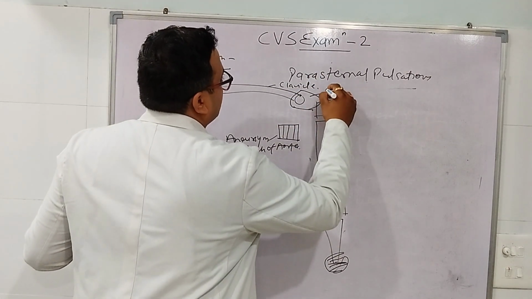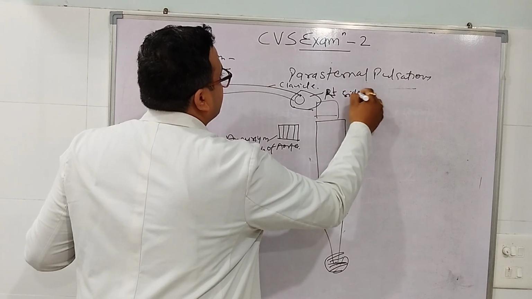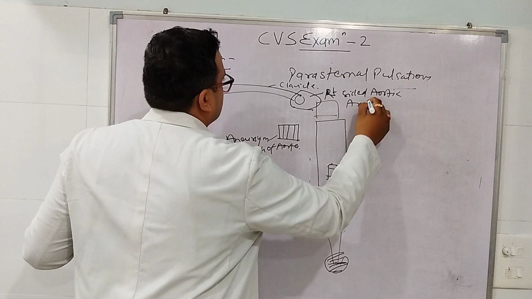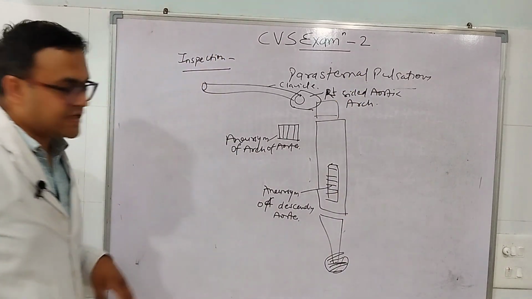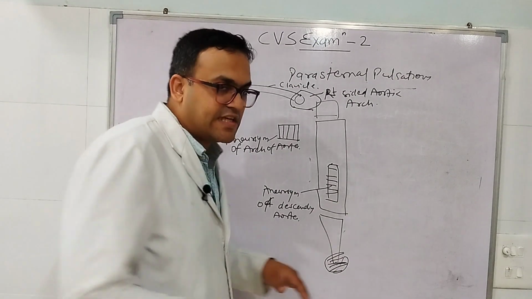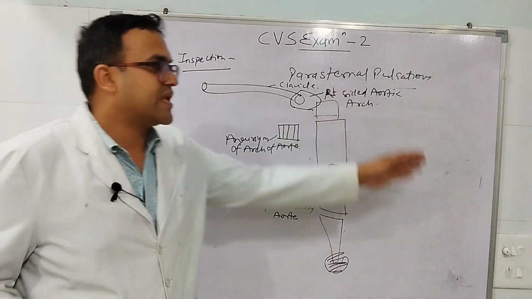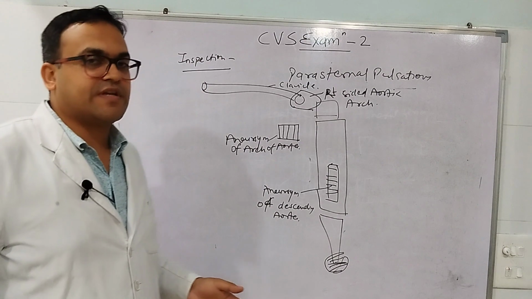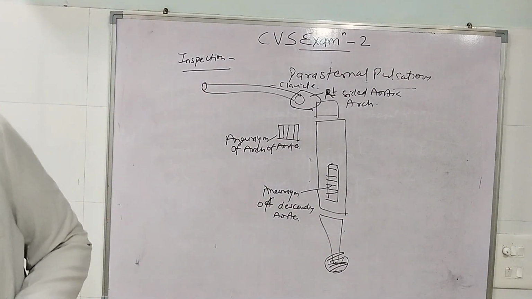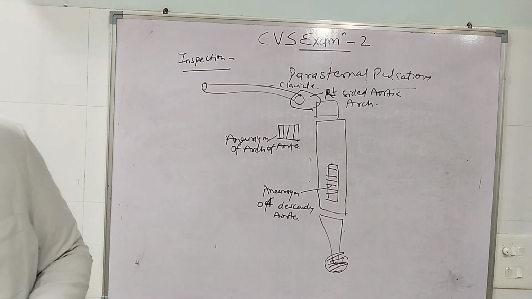This is seen in right sided aortic arch. Okay, so these are some of the other pulsations. We can see pulsations anywhere in the chest wall in patients with vascular tumors. Those vascular tumors can cause pulsations anywhere in the chest wall.